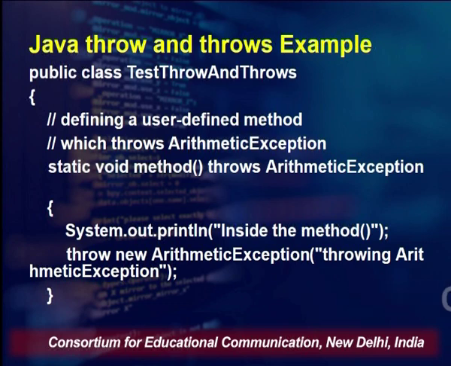So, static void method throws arithmetic exception, and within that method we have written System.out.println. Because a declared exception is there, we have tackled it with the help of the throw keyword, which says throw new ArithmeticException with a message for the user.